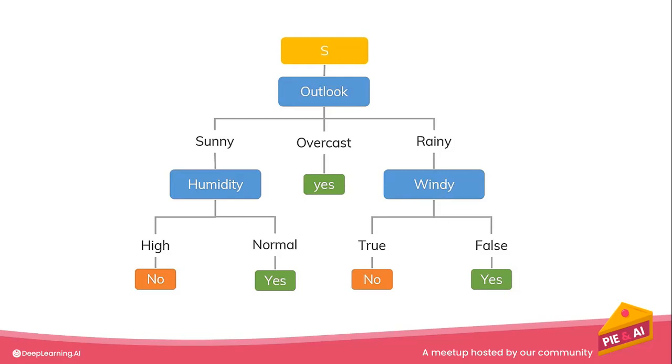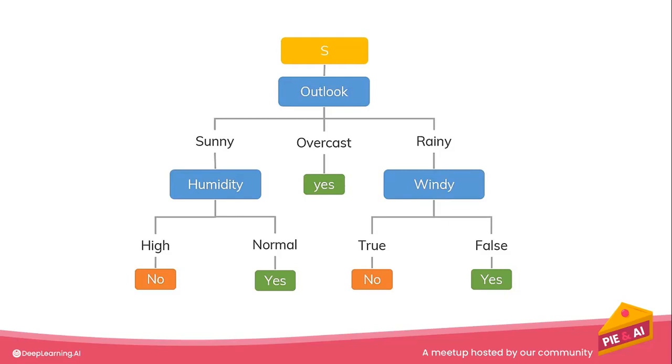From the root, you can see the branches. If it is sunny, then we check the humidity. If humidity is high, then it is not suitable for playing tennis. If humidity is normal, then it is suitable for playing tennis.